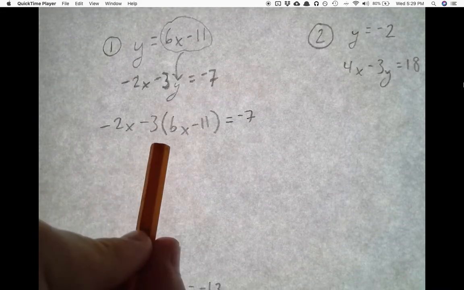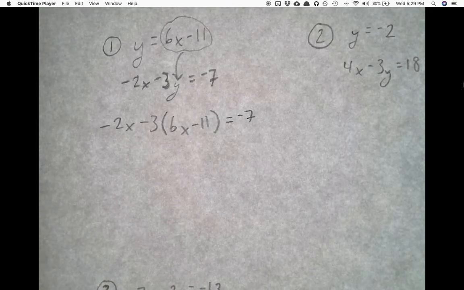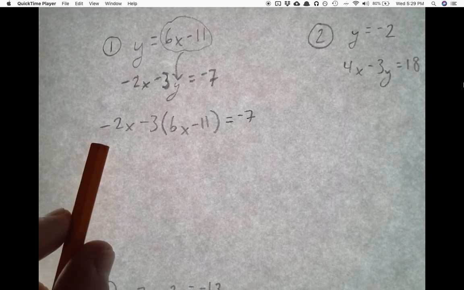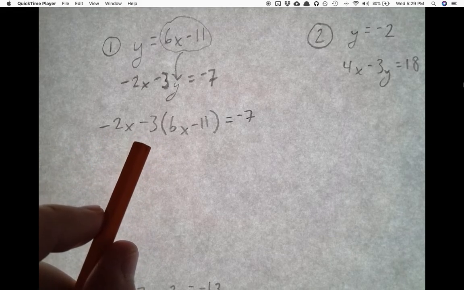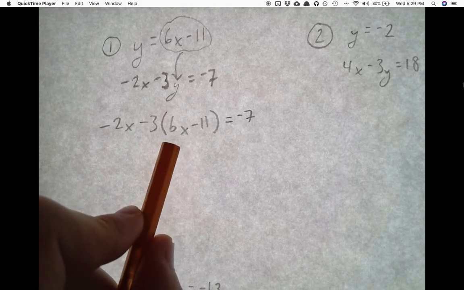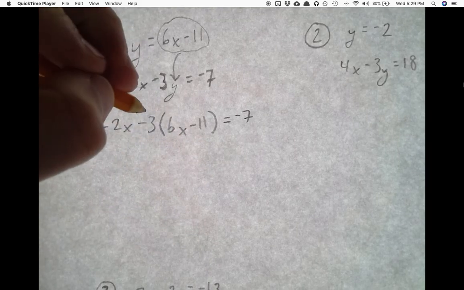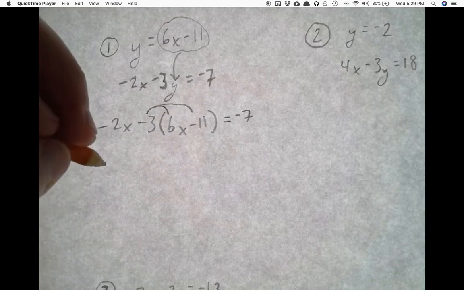From here, now look at this. We've got an equation with only one type of variable. Only x's are here. So now I actually know how to go about solving that. Let's do it. So here, I see a negative 3 out front of some parentheses. So I'll start by distributing the negative 3 there and there. Bring down this negative 2x.